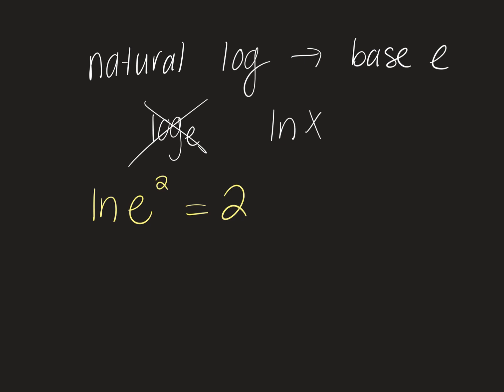Because remember, it's log base e, the natural log of the same base, and it's equal to the exponent. So if it's ln of e to the negative 1, that is negative 1.